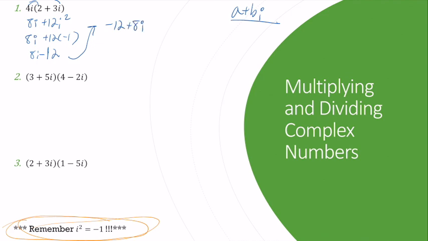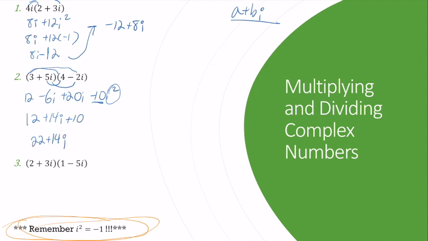For problem 2, we are going to have to FOIL. So I've got 12 minus 6i plus 20i minus 10i squared. That gives me 12 plus 14i. -10 times a -1 gives me a +10. 22 plus 14i.